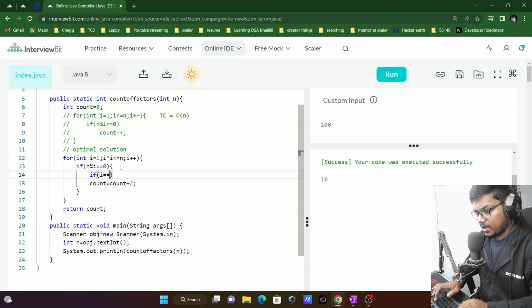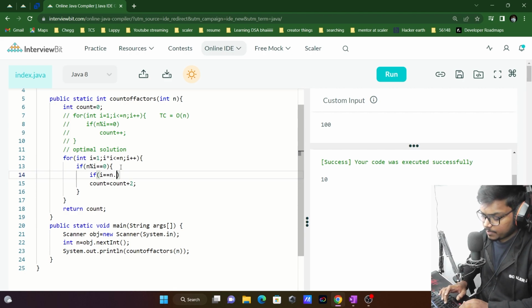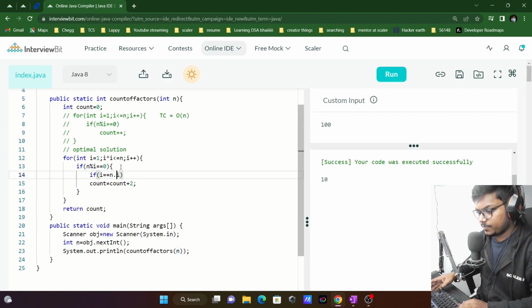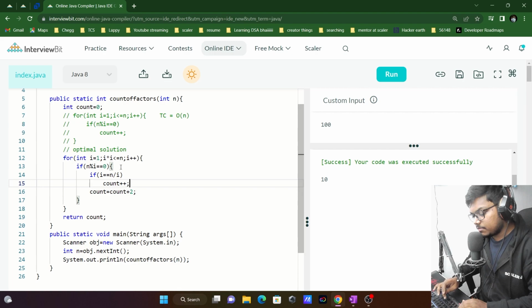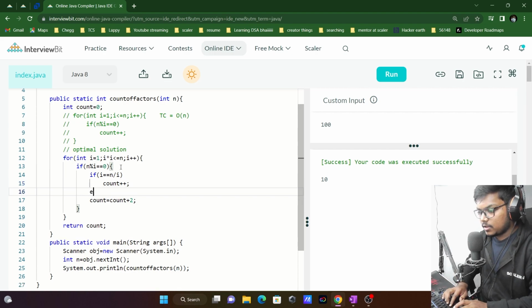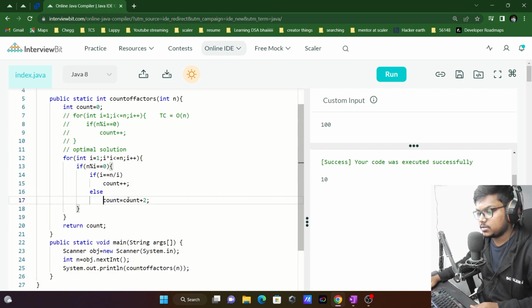If i equal to n by i, then you should count only one time. Else you count 2 times. Okay, this condition is right. Now when I'm giving input 100, the output should be 9. Let's check if it is the right answer or not.